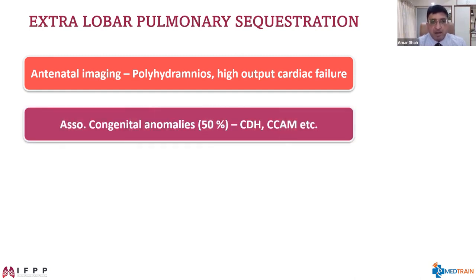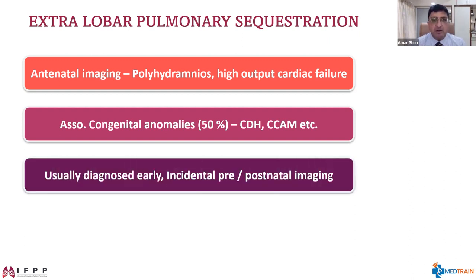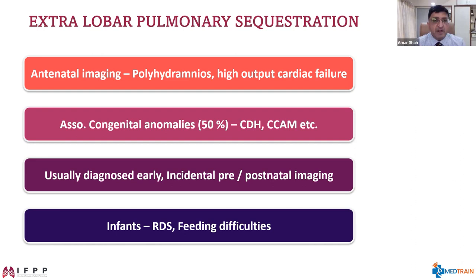Associated congenital anomalies may be seen in almost 50% of cases, which may include a congenital diaphragmatic hernia, CCAMs, etc. It is usually diagnosed early and it may be either an incidental finding or picked up in pre or postnatal imaging.